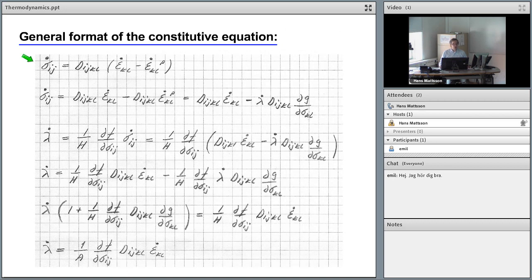We have the general format of the constitutive equations. We have Hooke's law here. If I write this equation like this, I can substitute with the flow rule here, and then it becomes like this.